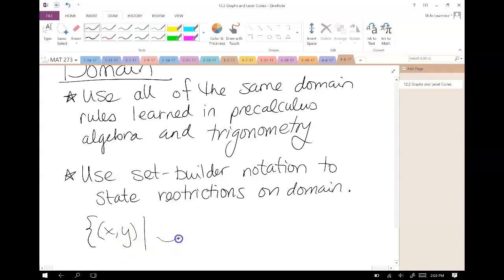And then in this spot, we're going to list the restrictions. And then close your brace. So the domain is the set of all x, y such that, and then we list out the restrictions that we have to make sure that we follow. Or if we're doing this for functions of three variables, we would say the domain is the set of all x, y, z, and then we list restrictions.